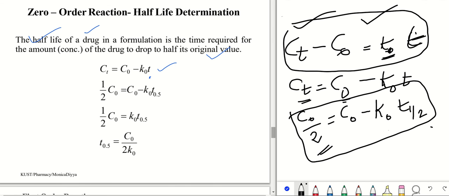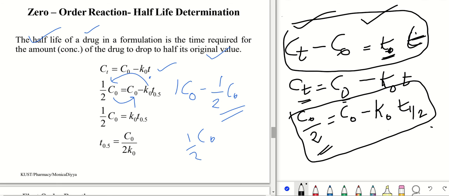So now when we take this term to this side and this term to this side, C0 minus C0 by 2 is equal to, so 1 minus 0.5 is how much? 0.5, right? So 1 C0 minus 1 by 2 C0 is 1 by 2 C0.